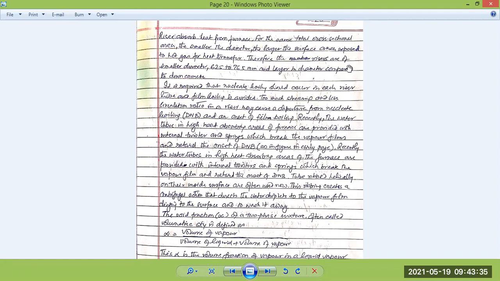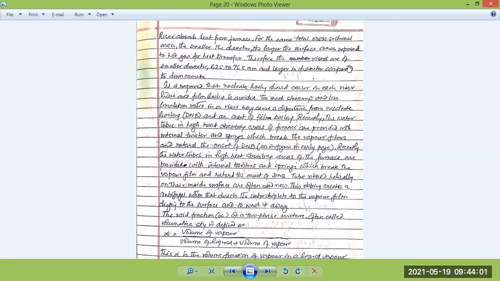So it is better to have nucleate boiling in each riser tube, and film boiling should be avoided, because the film will not allow heat transfer from the furnace to the riser liquid. Too much steaming and a low circulation ratio in a riser may cause a departure from nucleate boiling.